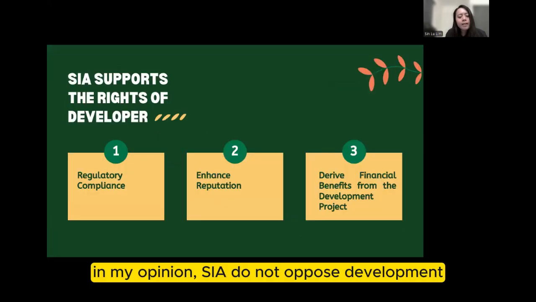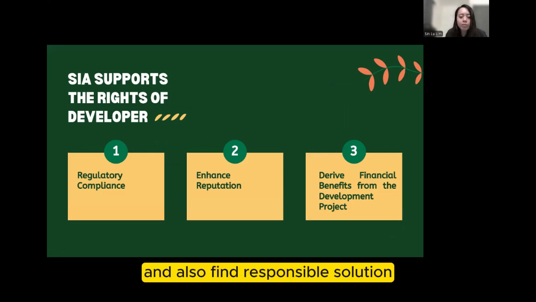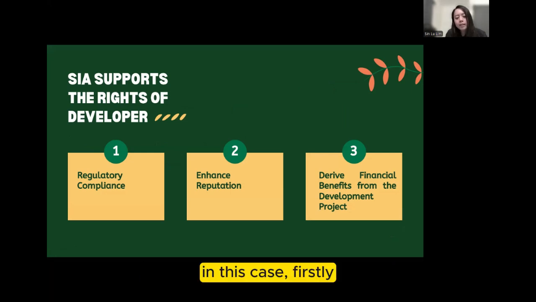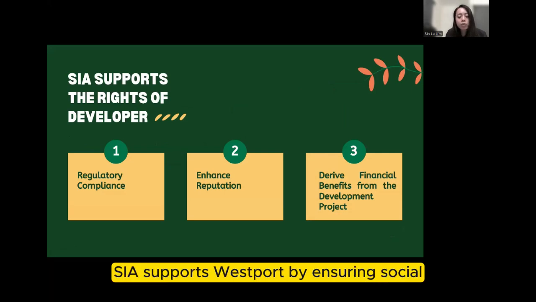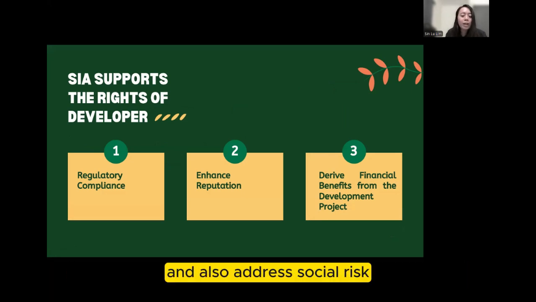In my opinion, SIA does not oppose development but provides a platform to minimize harm and also find responsible solutions. In this case, firstly, it supports Westport by ensuring socially responsible and sustainable project implementation, helping the project developer to meet regulatory compliance and also address social risks.